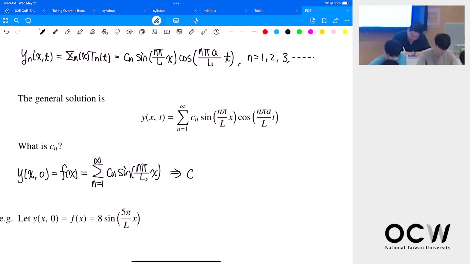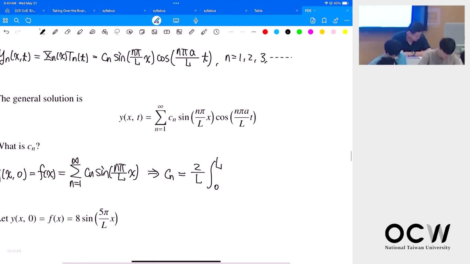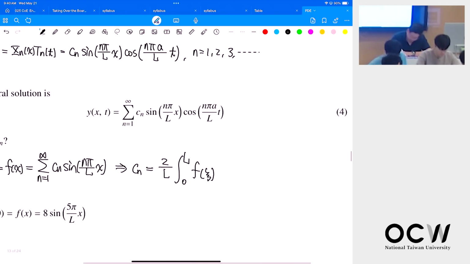Therefore, the Cn is 2 over L, integration from 0 to L, f(x) sine n pi over L x dx.